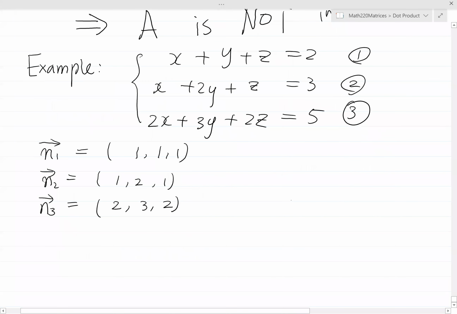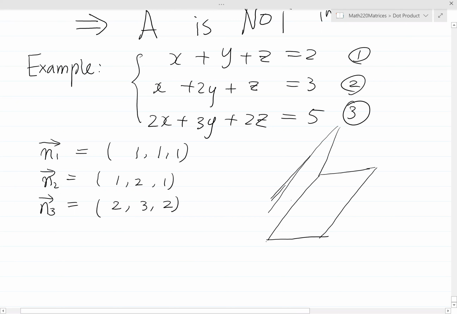Equation 1 and equation 2 define the intersection of two planes. They are not parallel, so this means we should get a line.